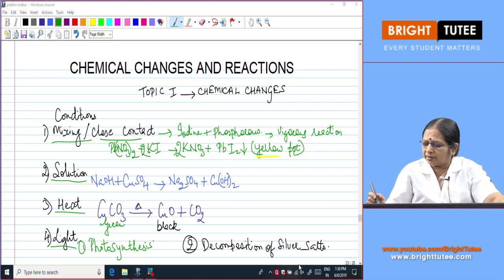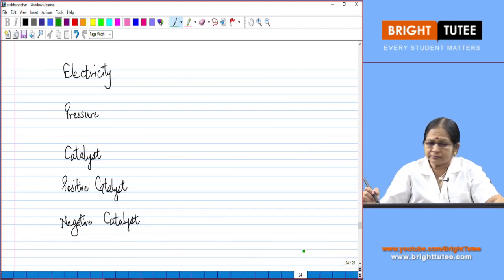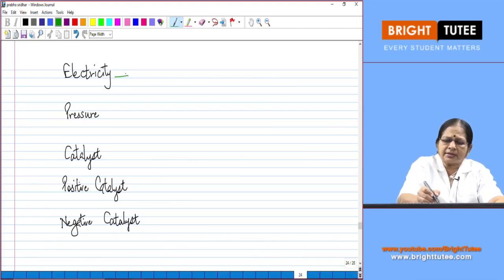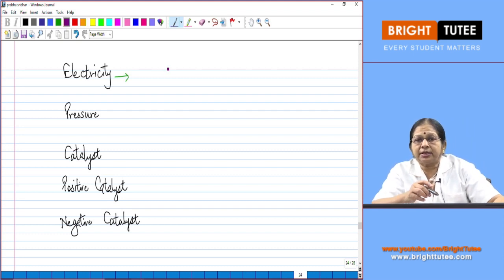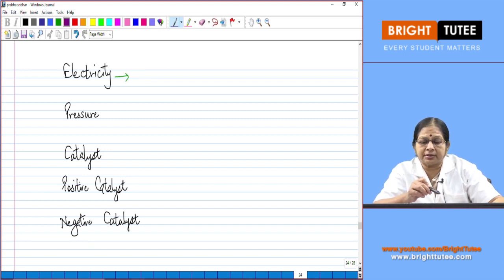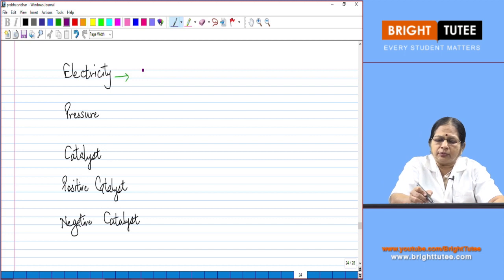The next one is electricity. Some reactions happen when electricity is supplied. Electrical energy breaks the bonds of the compound and shows a final chemical change, like acidified water. Generally the acid used is sulfuric acid.